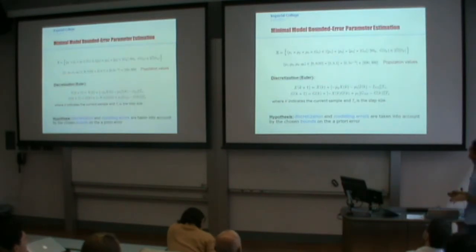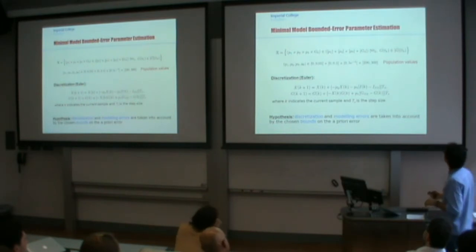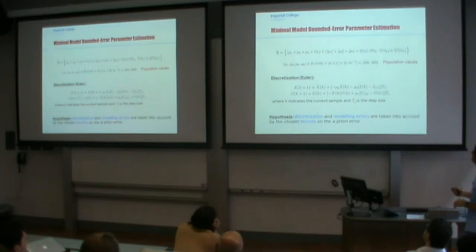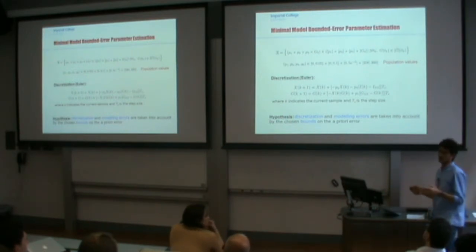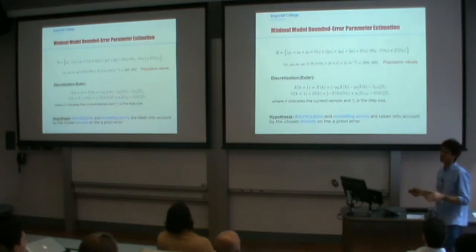So we use SIVIA to identify our model, the minimal model, and here is the problem. We have 4 parameters, so we have 4 intervals. We took the intervals for these parameters from the literature, since there are papers studying the minimal model, so from population values we know the ranges of these intervals.